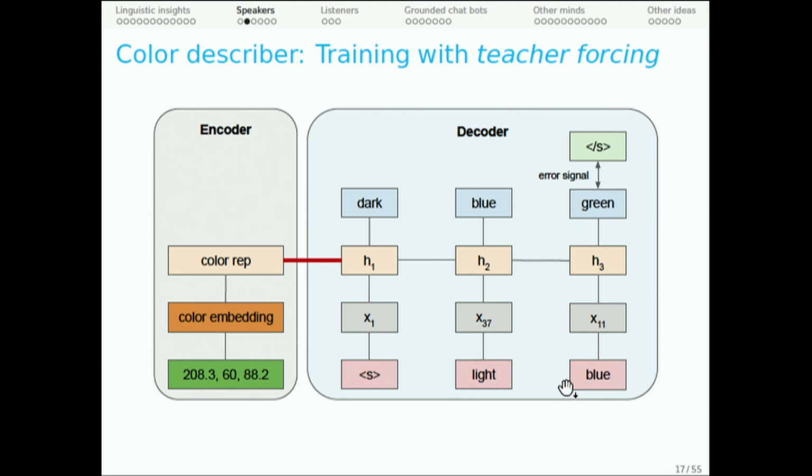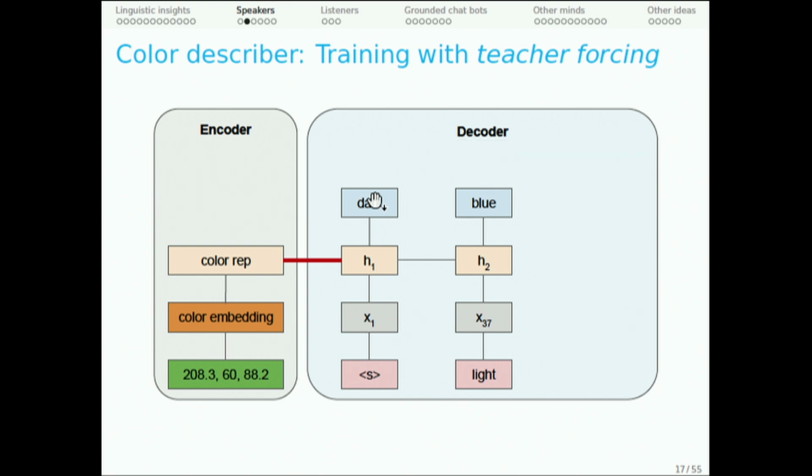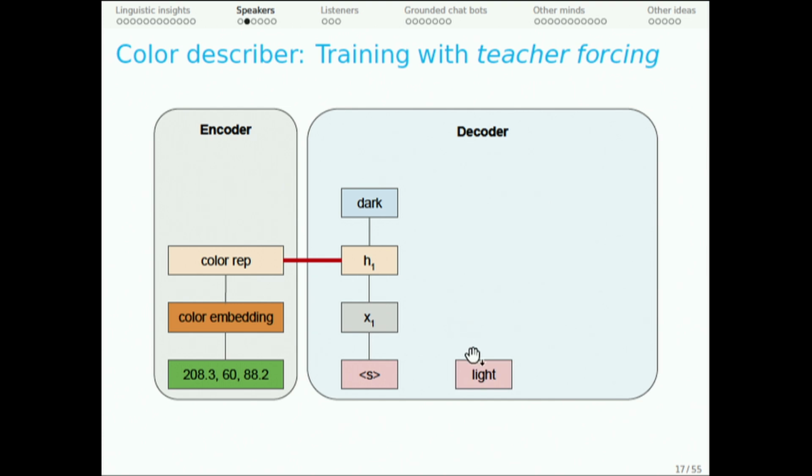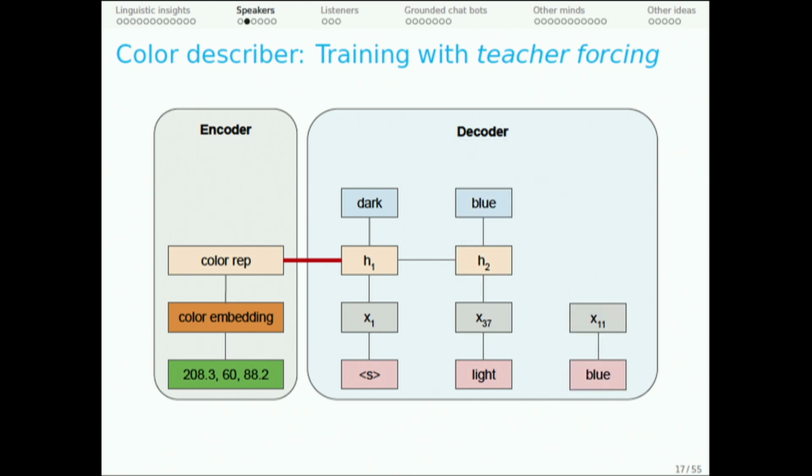In actual practice, when you train these models, best practice is to mix some teacher forcing with some more exploratory work, where even though the model predicted the wrong thing here, you actually insert dark as the next word and let it explore a wider part of the space. So that's how training works.